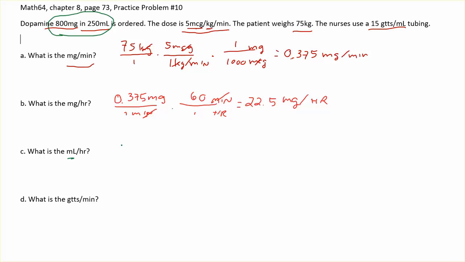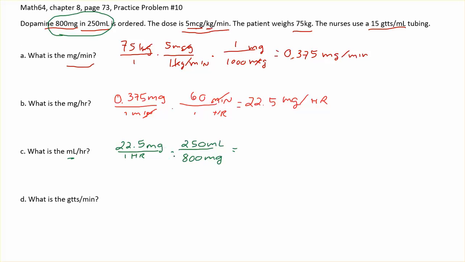So I'm going to start with what I have, which is 22.5 milligrams per hour for 1 hour. And I'm going to use that guy up on top that I just showed you. The 800 milligrams is going to go on the bottom, and the 250 milliliters on the top. So it's just 22.5, which I still have in my calculator, times 250 divided by 800.